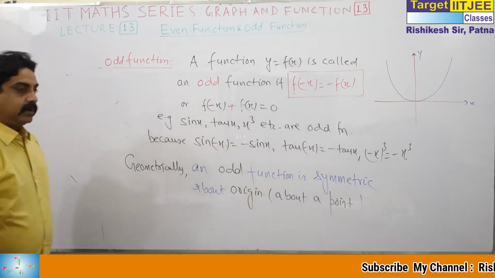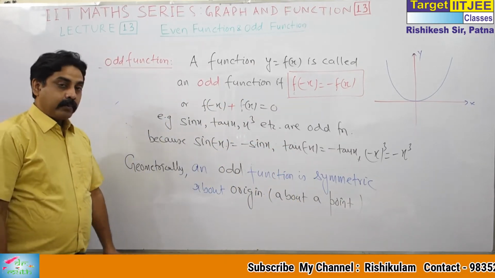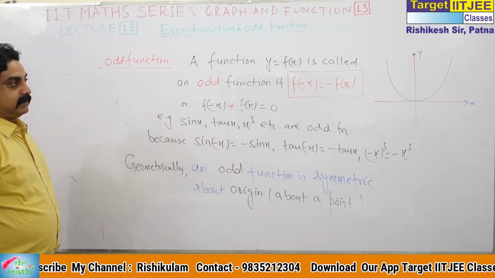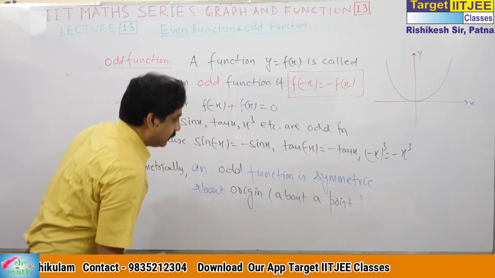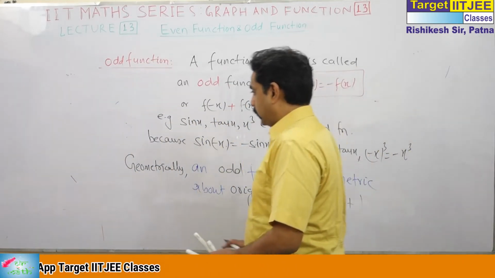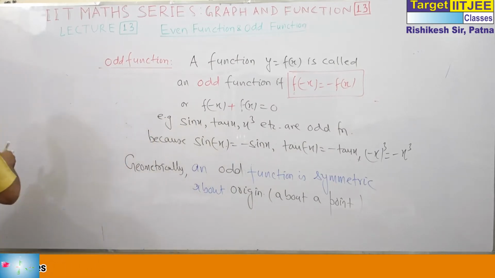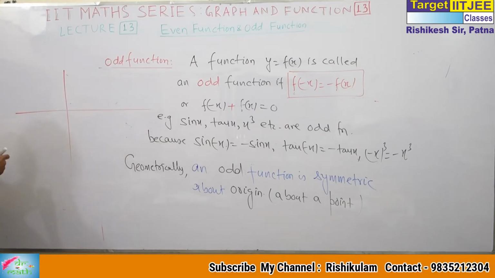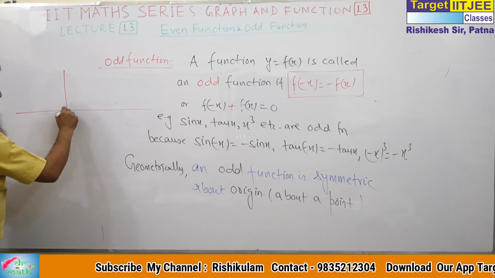Now, what does it mean? What is the meaning of symmetric about a point? I will go through a figure. Now, see the graph of sin x. I hope this is the graph of sin x.